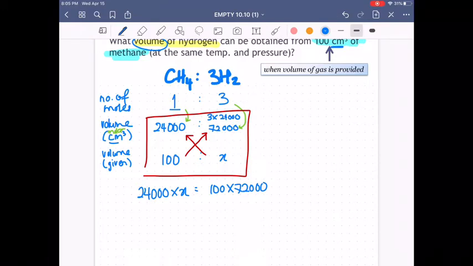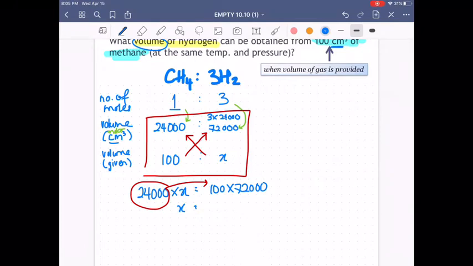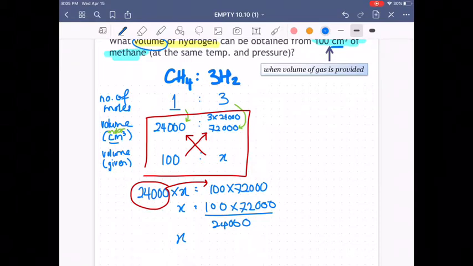Then bring this to the other side, it becomes division, leaving the X alone. Therefore, 100 times 72,000 divided by 24,000. You do the calculation, then you should get 300. Cancel this 0, cancel this 0. 72 divided by 24, you get 3. So 3 times 100 is 300.